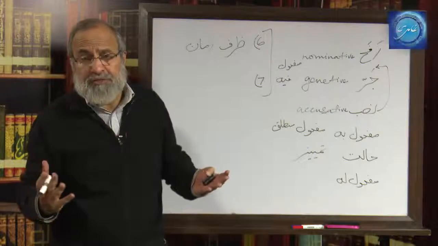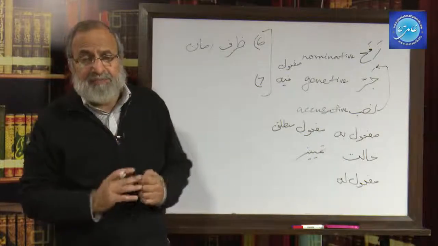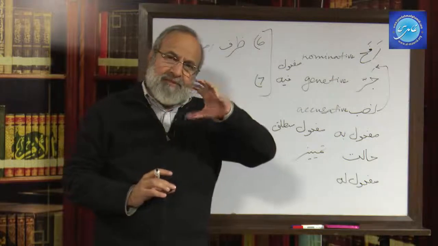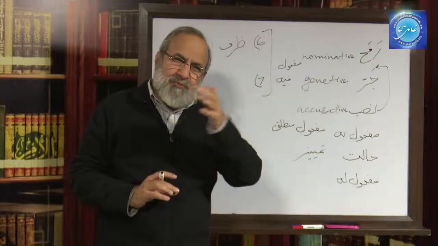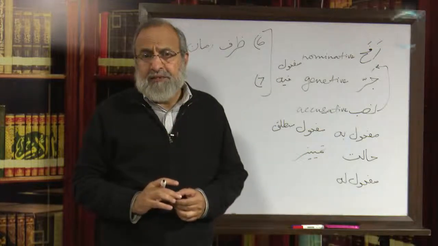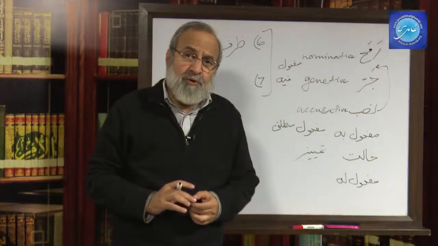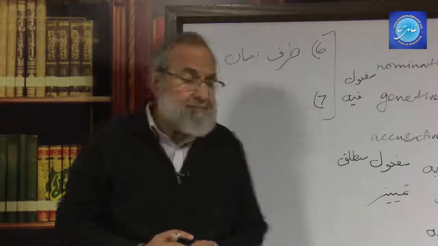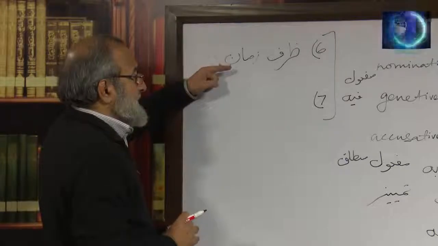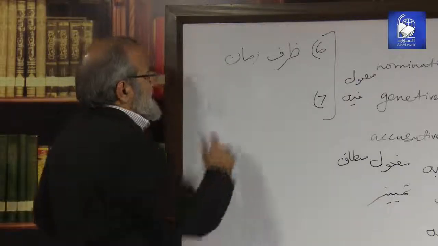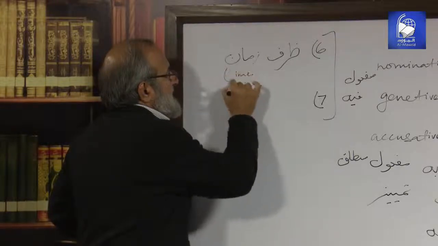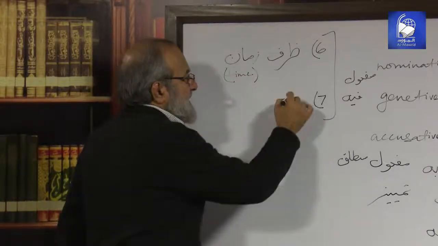No matter whatever job is done, whatever work takes place, it obviously takes place in a particular time span. You express it in a noun in a sentence, and that noun is going to take the form of nasab. It's going to be accusative, and the reason would be zarf zaman, that is time. It has taken place in a particular time.